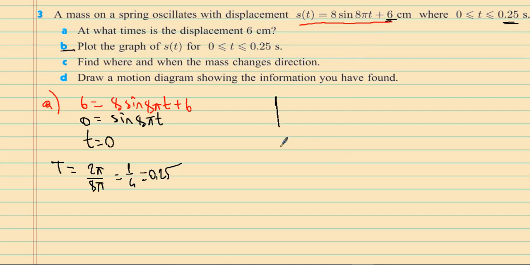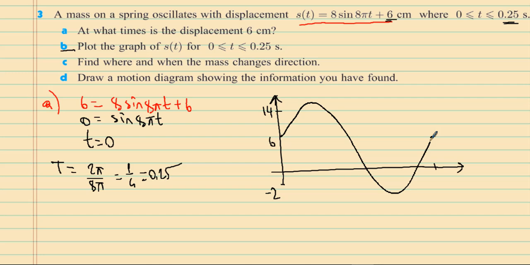So roughly, if I need to draw it, you start from 6. Your maximum will be 14, because when sine is 1, 8 plus 6, and your minimum will be minus 2. So between 0 and 0.25, you go up, go down, and come back here at 0.25. Roughly the picture looks like this.